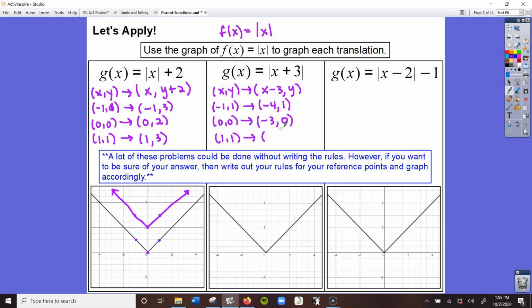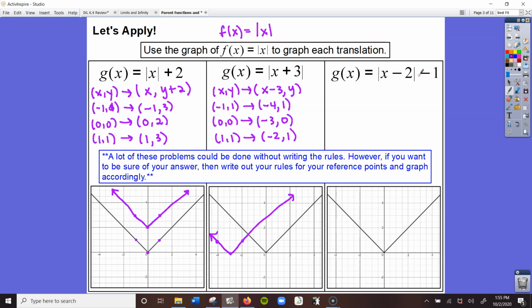And finally, 1 minus 3, which is -2, and the y is still 1. So now when we plot those points, we have (-4, 1), (-3, 0), and (-2, 1). And you can see that the graph was shifted to the left 3 units.